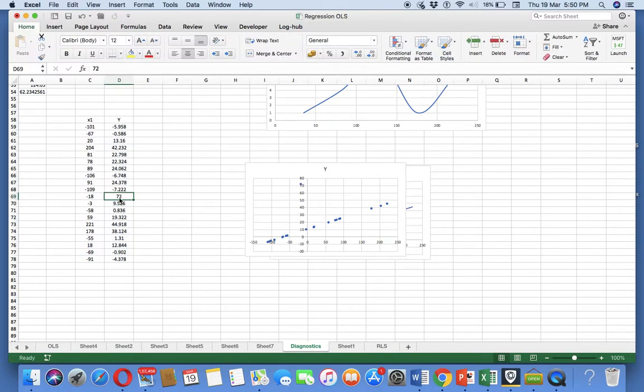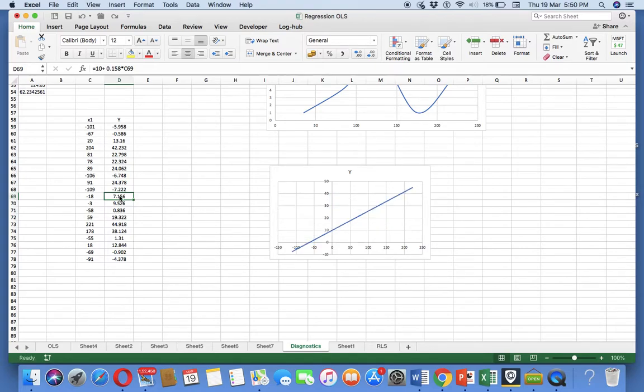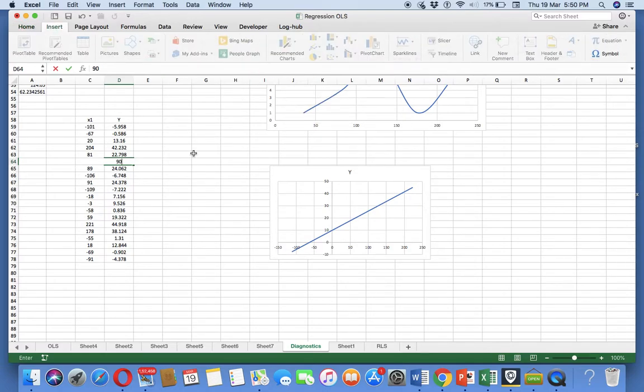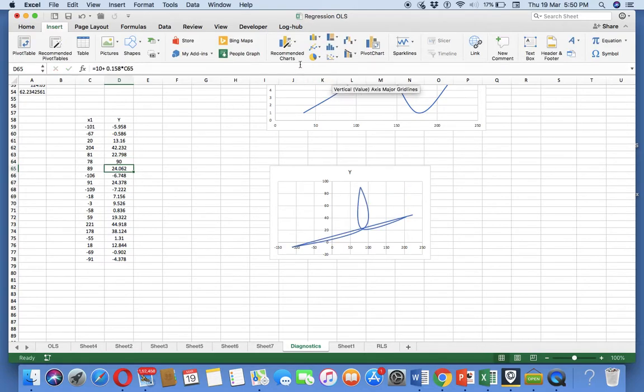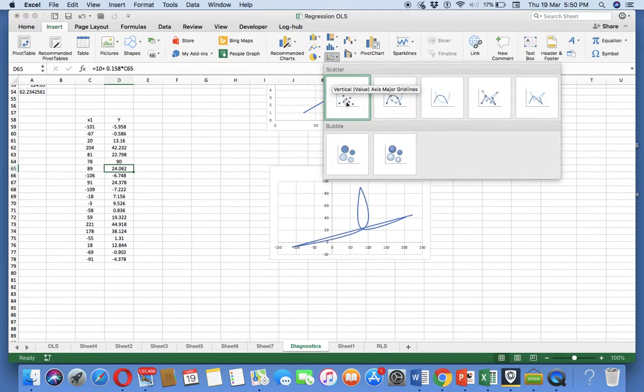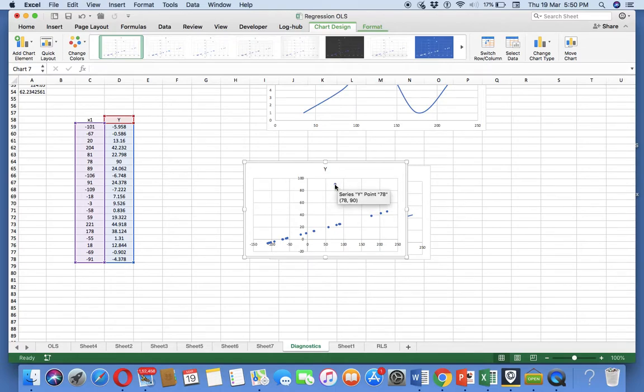So I undo that and maybe give a big value here, 90. I'll just show it as a dot. This is an outlier. So if I take the difference from the estimated value, I'll get a huge error term. And looking at the error term, I can determine where I've got an outlier, and so on and so forth.